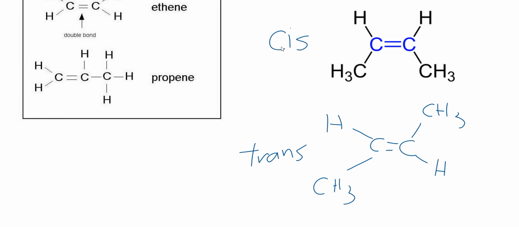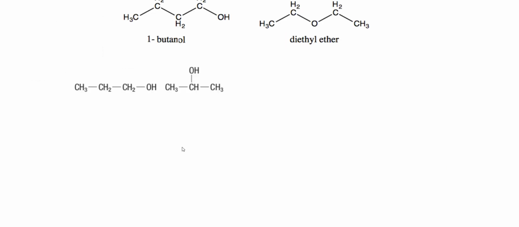That's why this is cis-2-butene, and I say 2 because the double bond is in carbon 2, and this is trans-2-butene. These two compounds are known as isomers. They have the same general formula but different disposition in space.